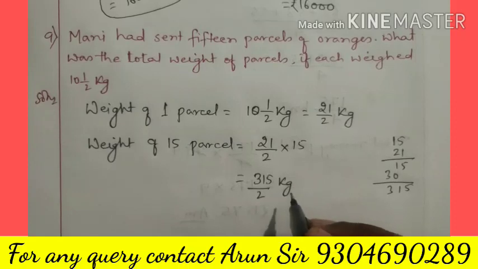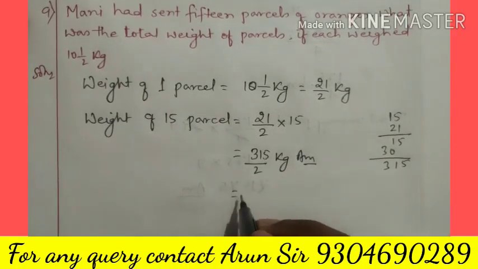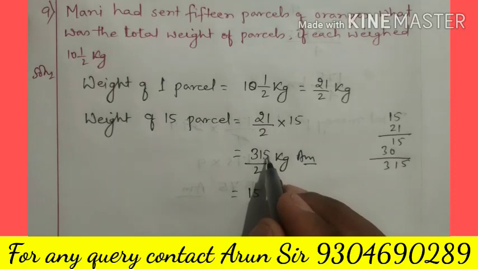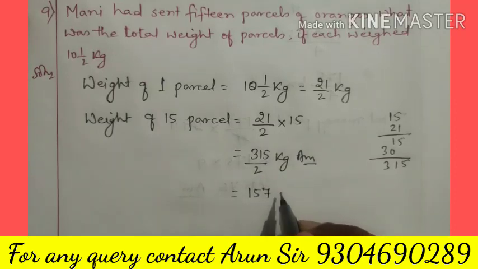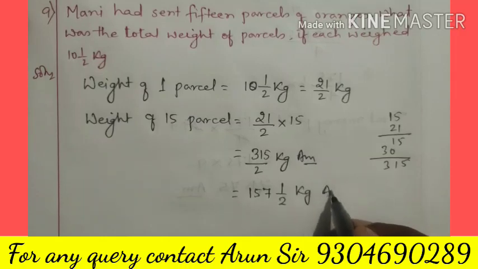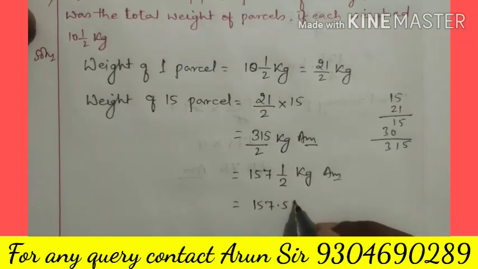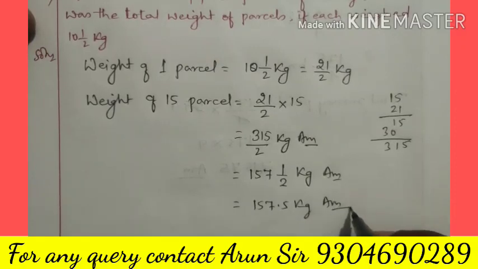You can leave your answer here also, or if you want to convert it into a mixed fraction, we will convert: 2 15s are 30, carry 1, 1 5 is 15, 2 7s are 14. 157 whole 1 by 2 kg. This will be your answer. Or if you want to write it in decimal as given in your answer, 1 by 2 means 0.5, it is 157.5 kg. This can also be your answer.